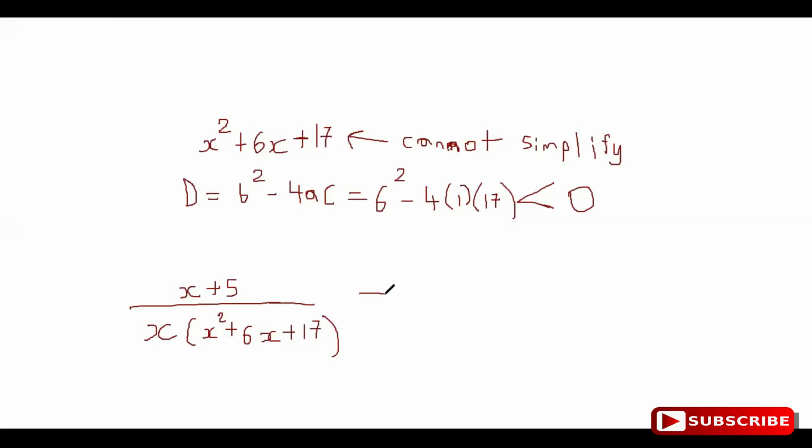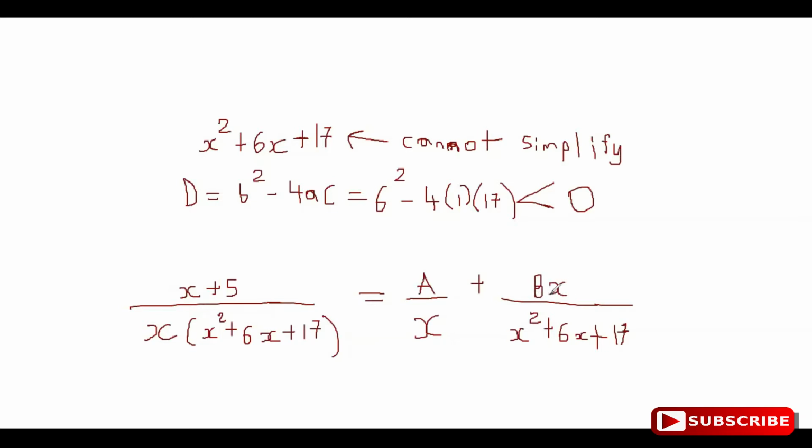And so what we have to do is separate this as a partial fraction: a over x, plus something over this whole quadratic part, x squared plus 6x plus 17. The term that goes above this has to be such that the power difference between the x squared term and the term in the numerator is 1, so it has to be an x term.